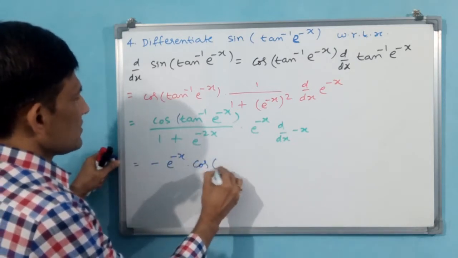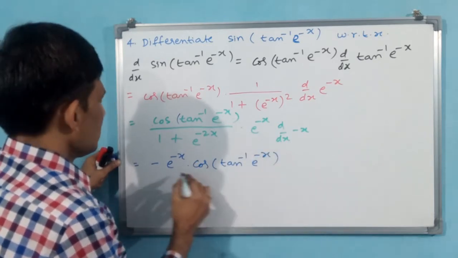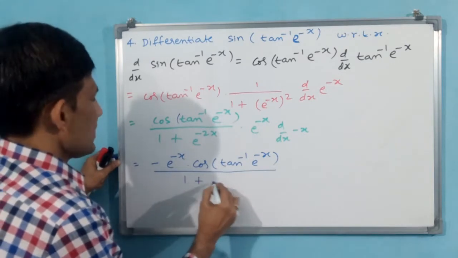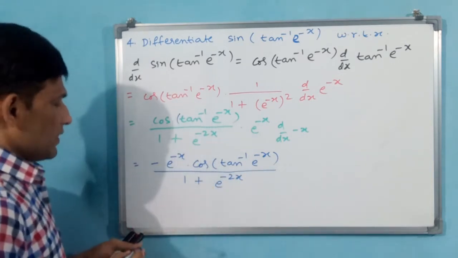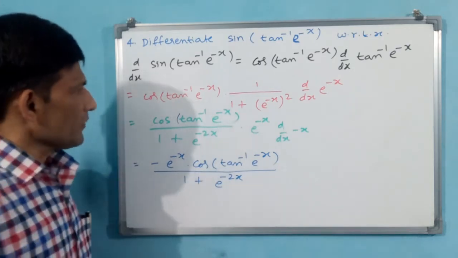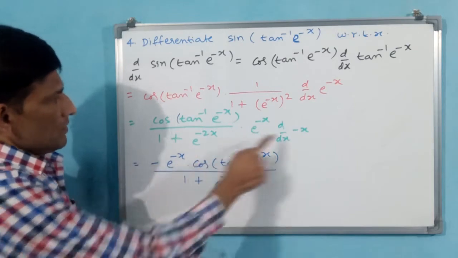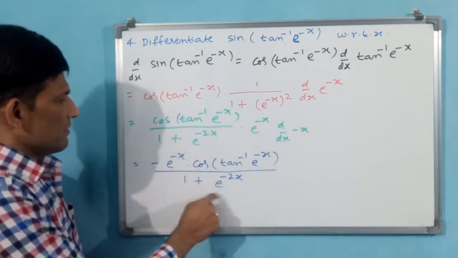Then cos tan inverse e power minus x divided by 1 plus e power minus 2x. Is it okay? This portion has come on top, in the numerator: minus e power minus x cos tan inverse e power minus x divided by 1 plus e power minus 2x.